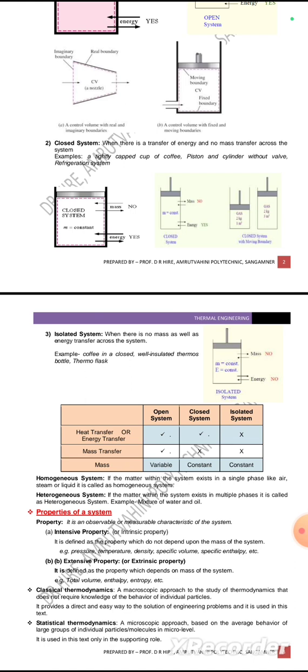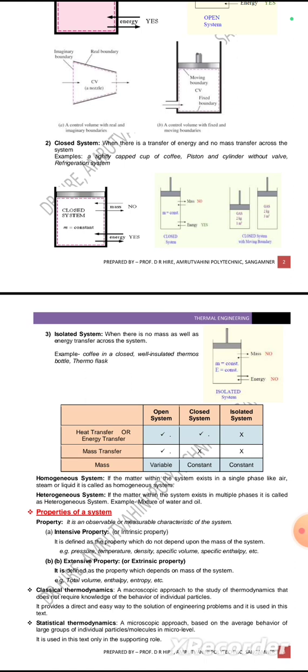In summary, the table shows that in an open system heat or energy gets transferred, in a closed system heat and energy also transfer, but in an isolated system heat energy transfer does not take place. Similarly for mass transfer: in an open system mass will be transferred, but in closed and isolated systems the mass will not transfer.